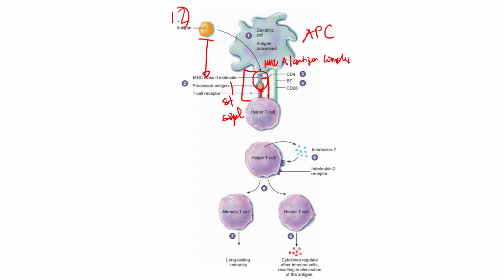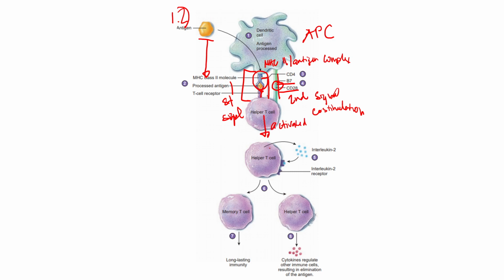The second signal is facilitated by attaching B7 and CD28, and when they bond together, this forms our second signal, or our co-stimulation. Once the co-stimulation occurs, the helper T cell becomes active.